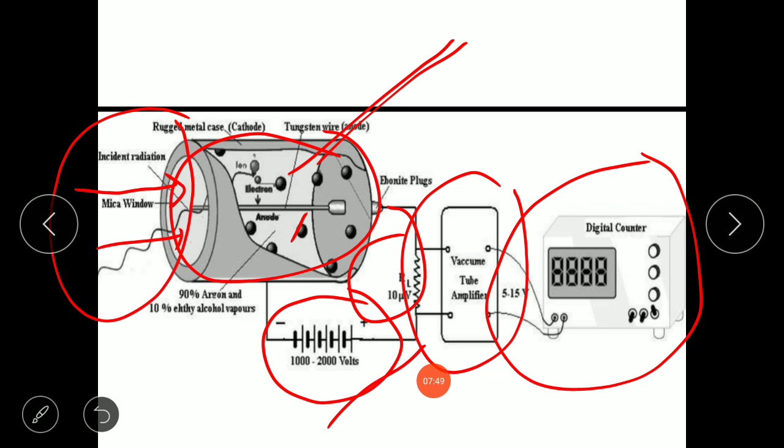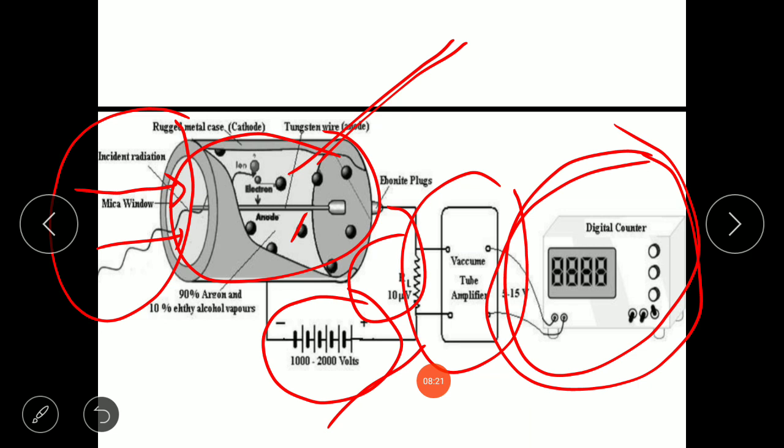By counting the number of pulses, we can know the number of particles entering the Geiger-Müller tube through this window. The number counted gives the intensity of radiation, that is how many particles are entering per second. The pulses may also be stored, and the total count may be calibrated in terms of radioactivity.